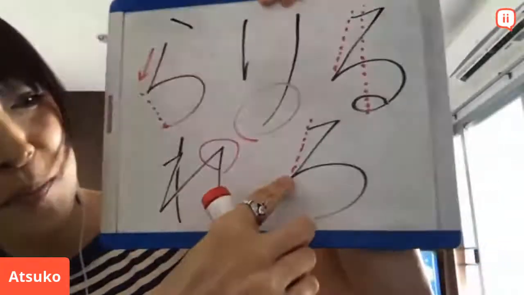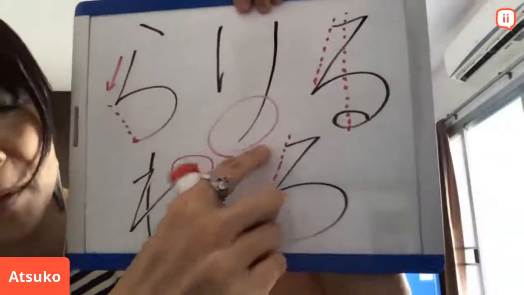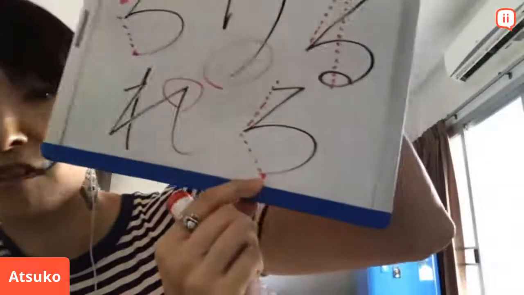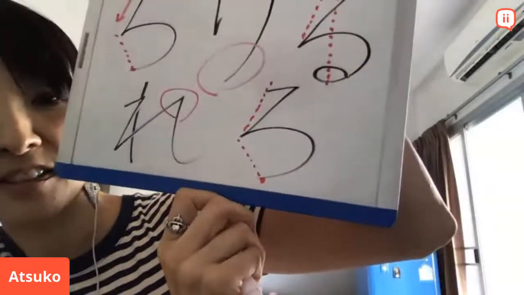Last one, ro. Ro is very similar to ru. Look. This point is on the left side of this point. Okay. And finishing point is right side. Which point? I'll show you that example too.